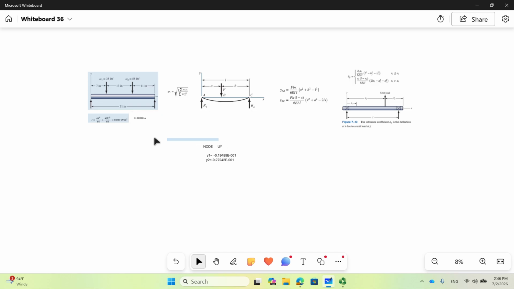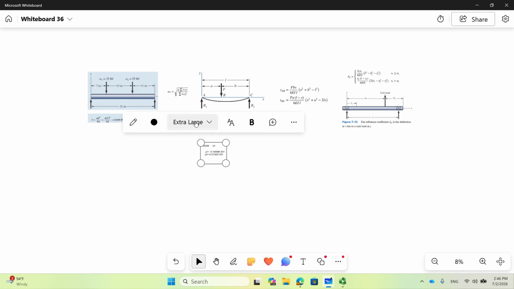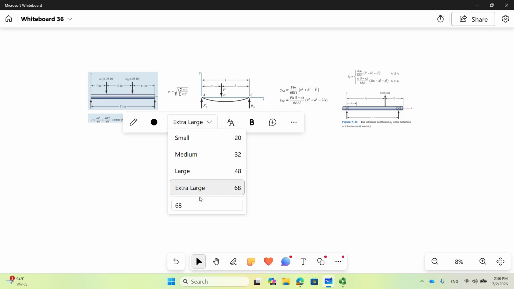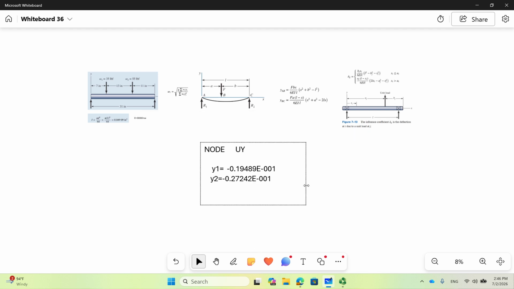Now let's see if we can make it large. Alright, y1, y2, and now let's use this Rayleigh equation and find the natural frequency.